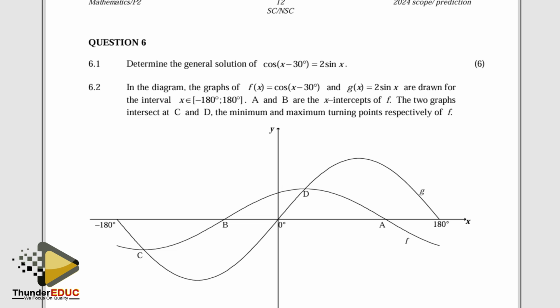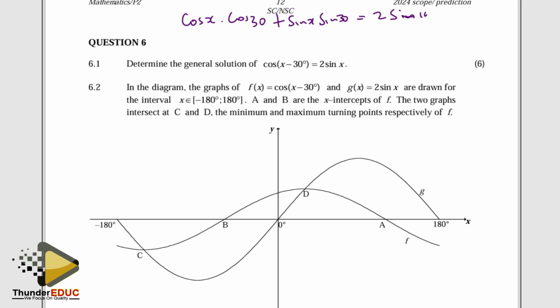Then 6.1, determine the general solution of this thing. So the hints on finding general solution are that try to create the same trig ratio across, if possible. How is this going to work? We can open this up and say cos x cos 30 plus sine x sine 30 must give us 2 sine x.